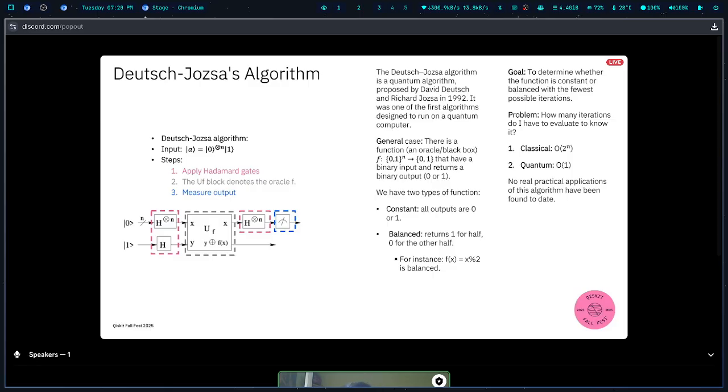First of all is the Hadamard gate, which represents a superposition. The idea is that we measure on some basis that we established, normally the basis of 0 and 1.